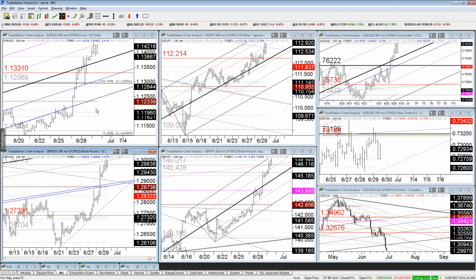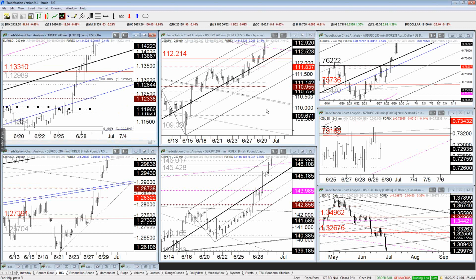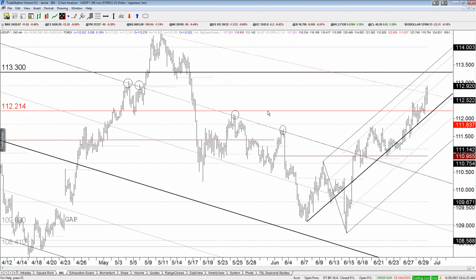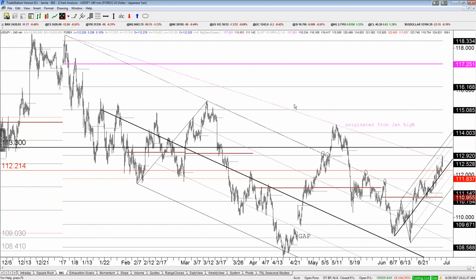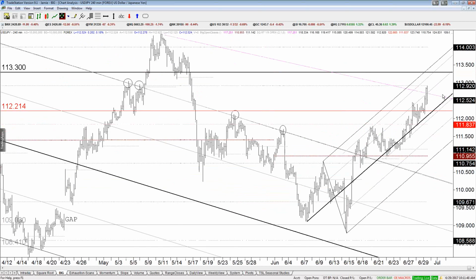You do have dollar yen, excuse me, I believe is actually a short right here. This is the trend line from the January high, it says it right there, and I do think that we are putting in a top in dollar yen right here.